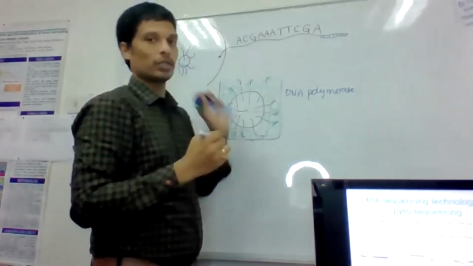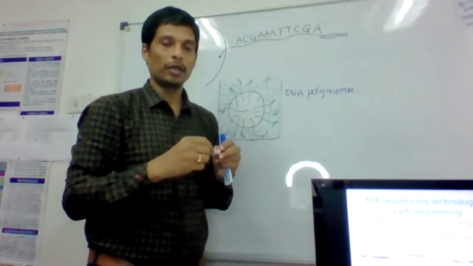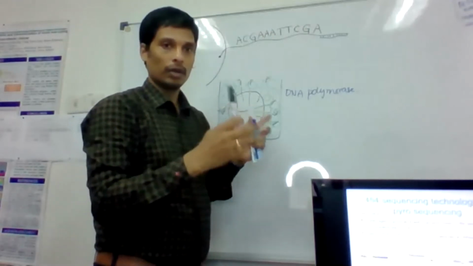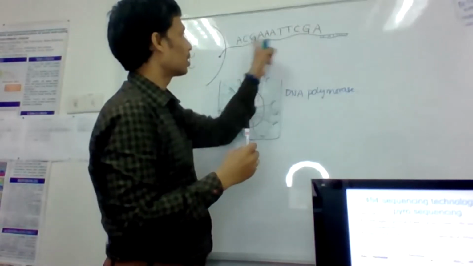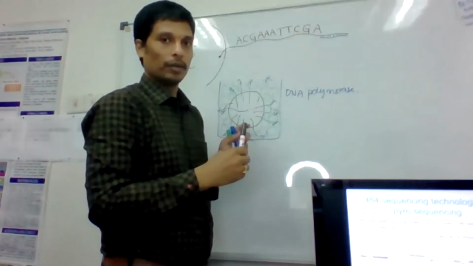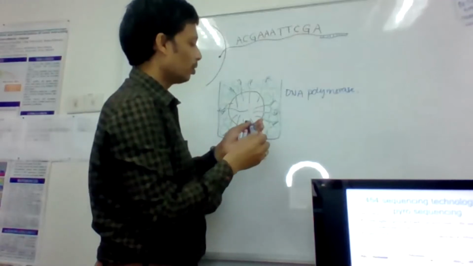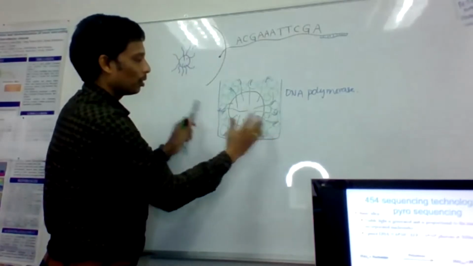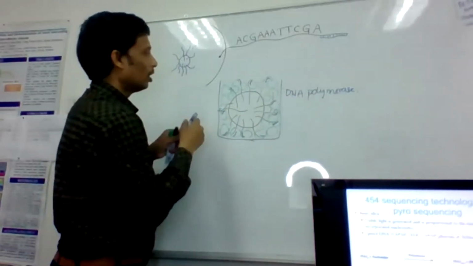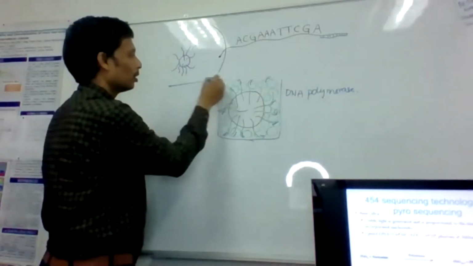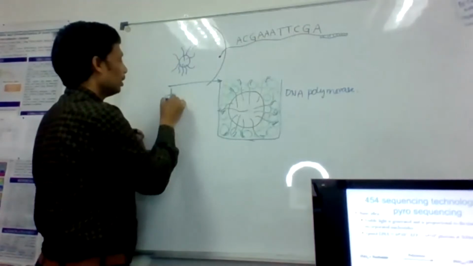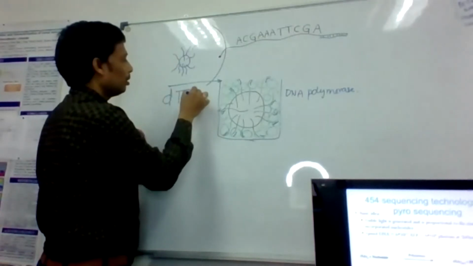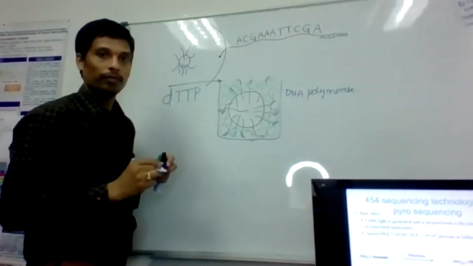This is the sequence. I just wrote it with bigger letters so it appears clearly. This is around 300 nucleotides, right? Now what you are going to do, for the whole chip, the whole plate, is inject dTTP.